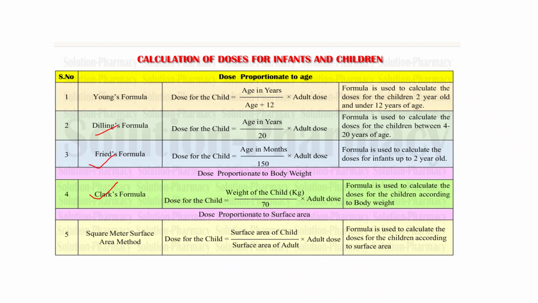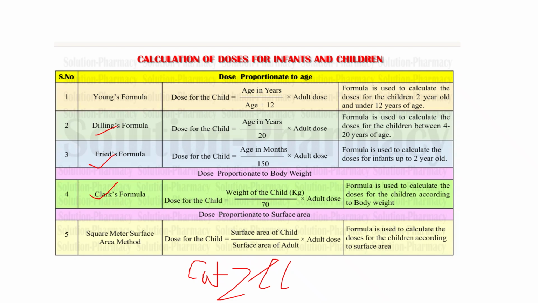The surface area method is also known as the Cutgel formula. So these equations you need to remember: Fried, Clark's, Dilling's or Young's, as well as Cutgel. Cutgel is based on surface area.